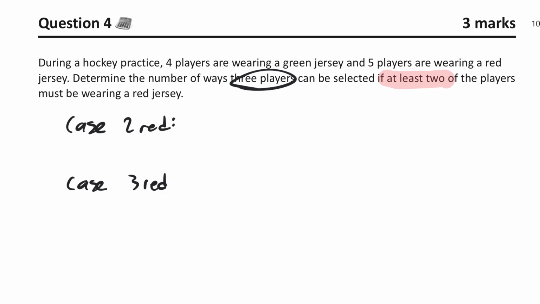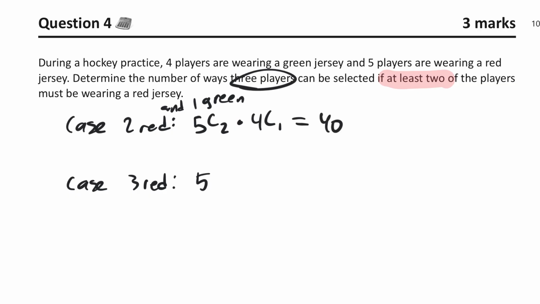So how would I make 2 red jerseys? Well, I would take the 5 red that I have available, and I would choose 2 of them. And then I would still have to take the 4 green jerseys and choose 1 of them. I'm going to need 2 red and 1 green to make the total of 3 players. Type that in on a calculator and we get 40.